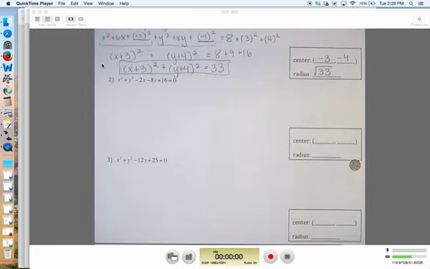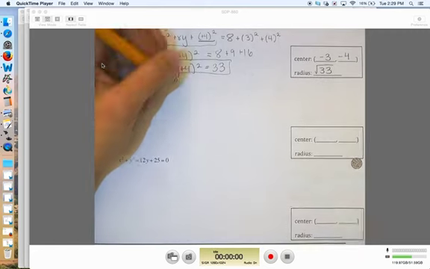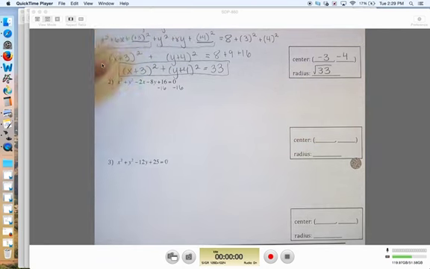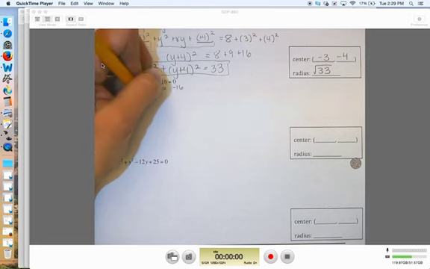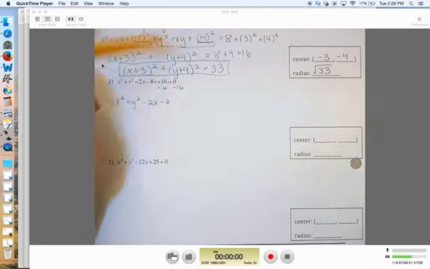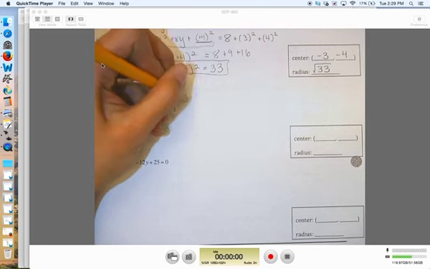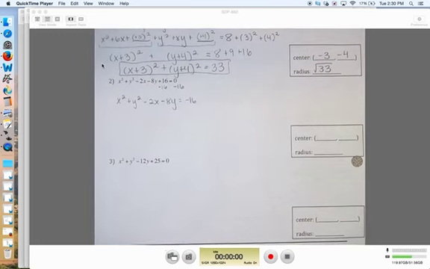Okay, we're going to do one more together. So step 1 is to move any constants over to the right-hand side. So this 16 needs to be moved. So we're going to subtract 16 from both sides. We have x squared plus y squared minus 2x minus 8y equals -16.